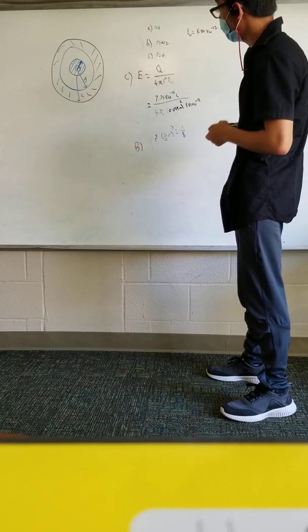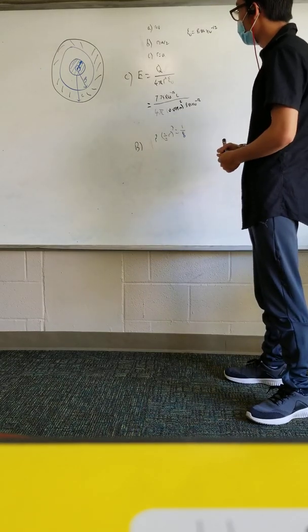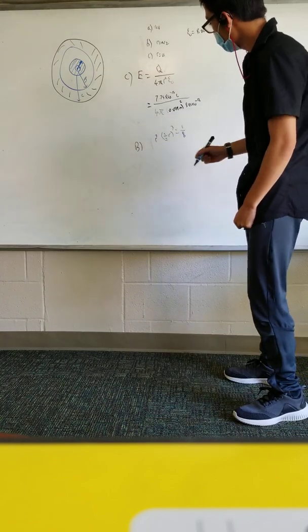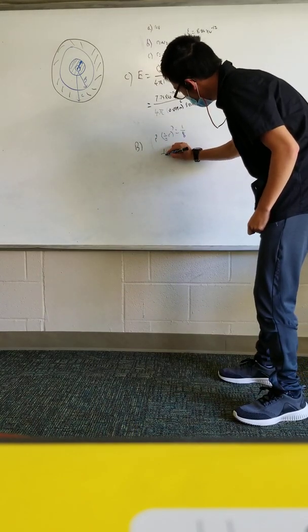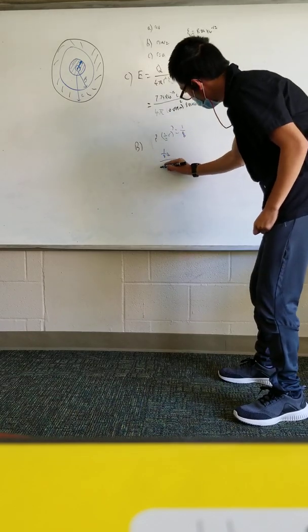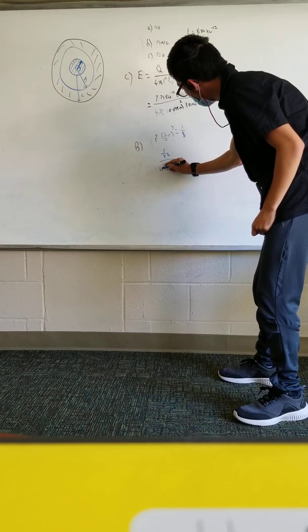And if your volume is 1/8 the size in a non-conducting sphere, this means your charge is 1/8. So in comparison to C, for B, the charge is 1/8. But then the radius is 1/2.